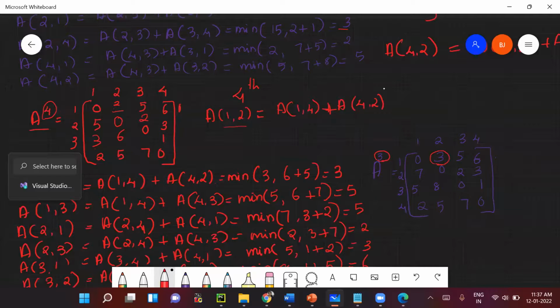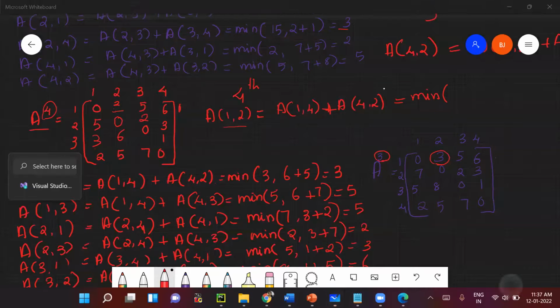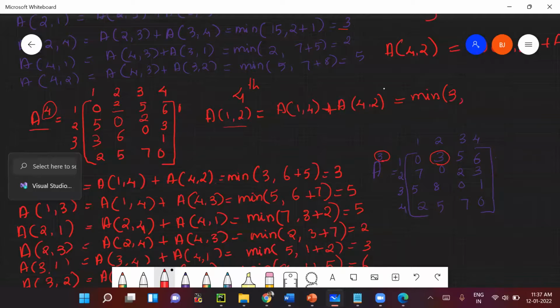So now we are going to find whichever is minimum. The existing path in the A3 distance matrix is 3. What is 1, 4 plus 4, 2? 1 to 4 is 6, right? Then 4 to 2 is 5. So which is minimum now? The minimum of 3 and 11 is 3.